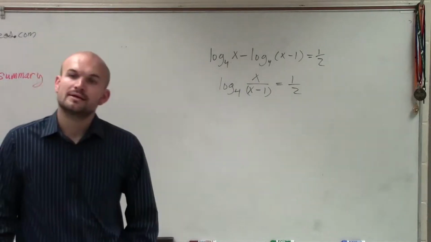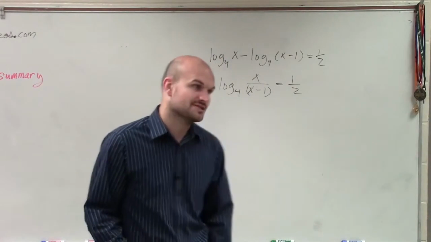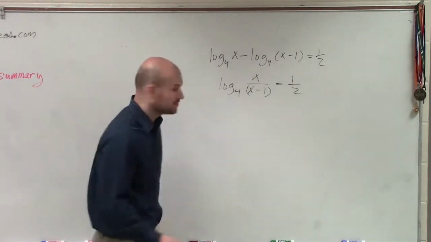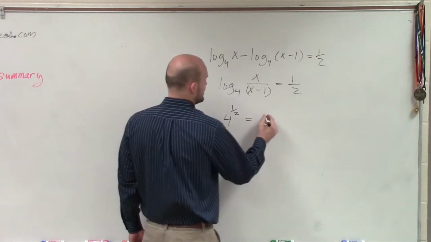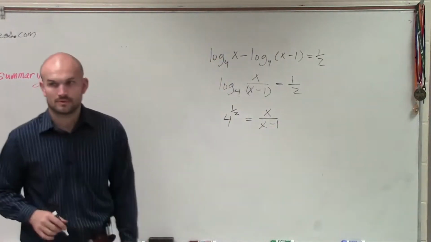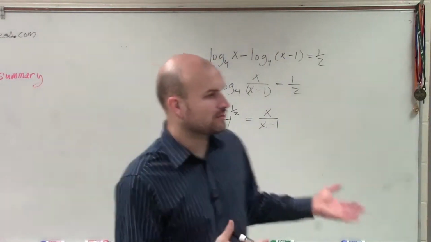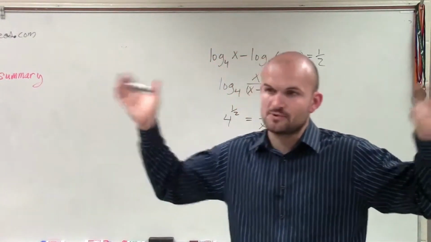All right. Now, I can rewrite this into exponential form, which would be 4 to the 1/2 power equals x over x minus 1. Or I could use my one-to-one properties and raise each side as an exponent with the base 4.